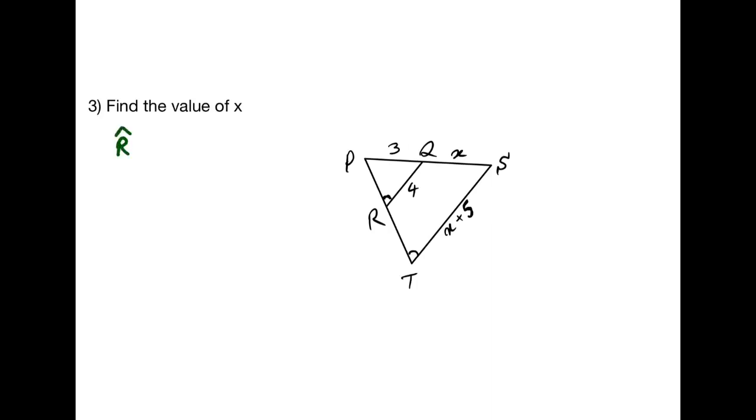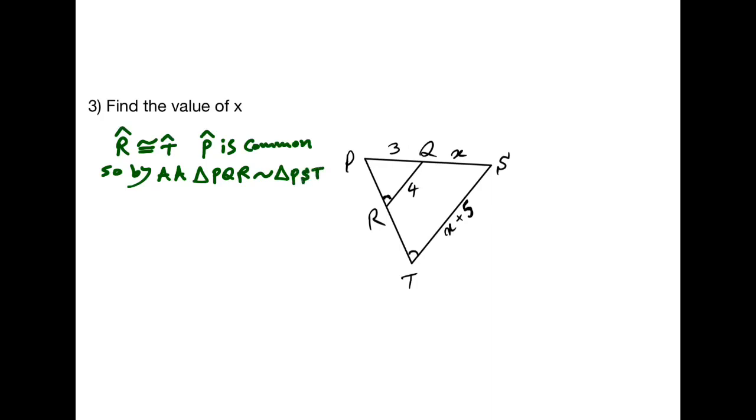Angle R is congruent to angle T. Furthermore, angle P is the common angle. So by AA, triangle PQR is similar to triangle PST.